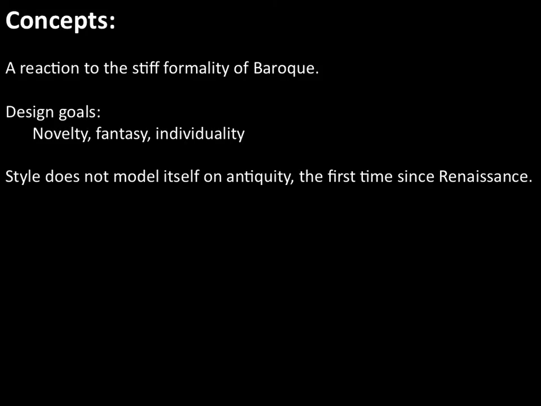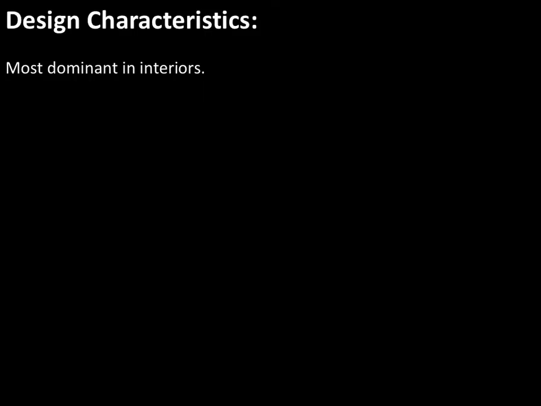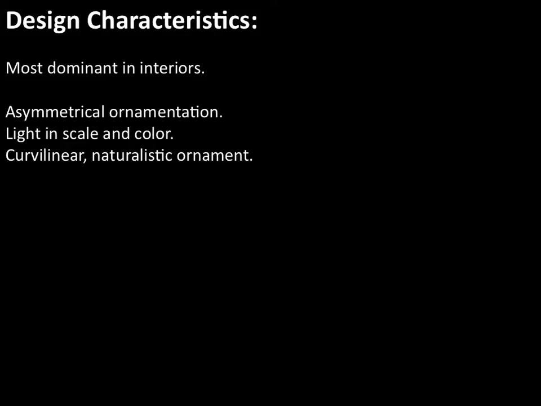And the whole point is to have something novel, have something fantastical, for everything to be individual. This is a style that does not model itself on anything that comes from ancient Rome or ancient Greece. And this is the first time since the Renaissance we see a design style not based on the classical look. Its characteristics mostly come about in the interiors, where we find asymmetrical ornamentation, and that is unique.